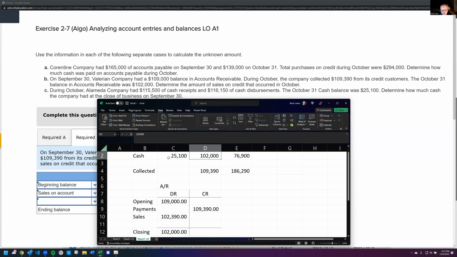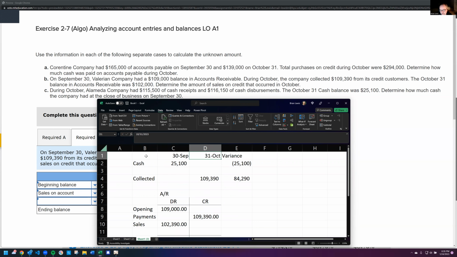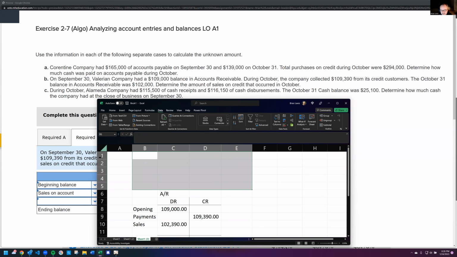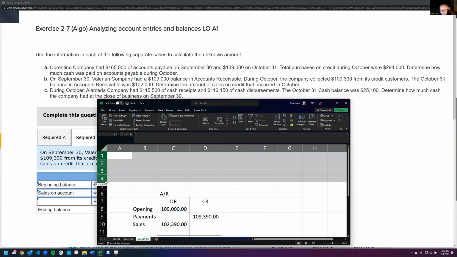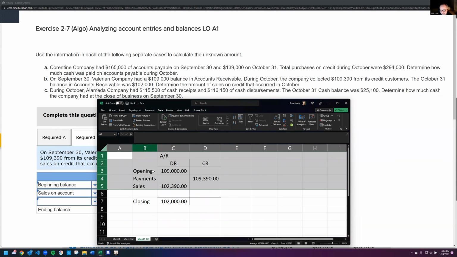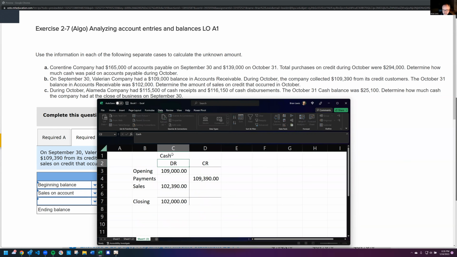No ending balance, so I'm going to have to do this a little bit differently. Let's make it a little simpler. There's cash opening, cash receipts, and cash disbursements. Zero these numbers out.